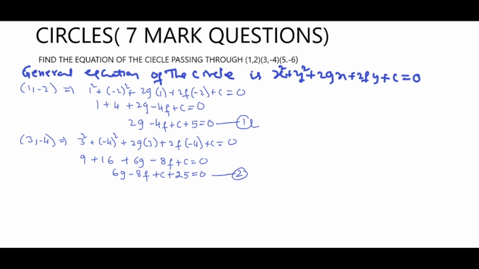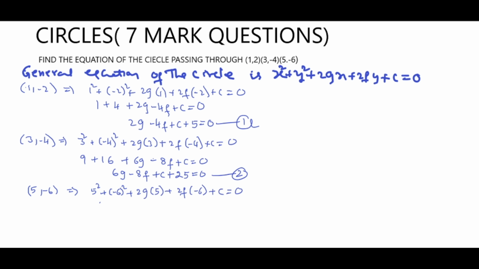And the third point (5, -6). Substituting in the general equation of the circle, that is 5 square plus minus 6 whole square plus 2g into 5 plus 2f into minus 6 plus c is equal to 0.